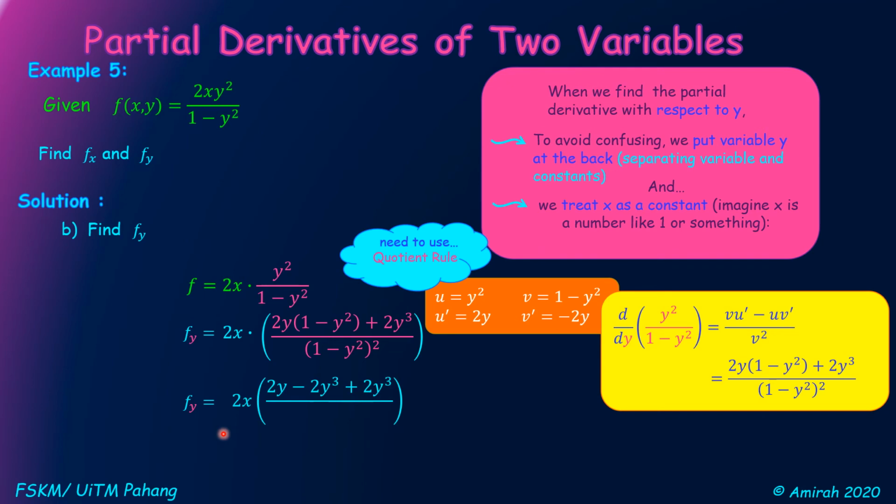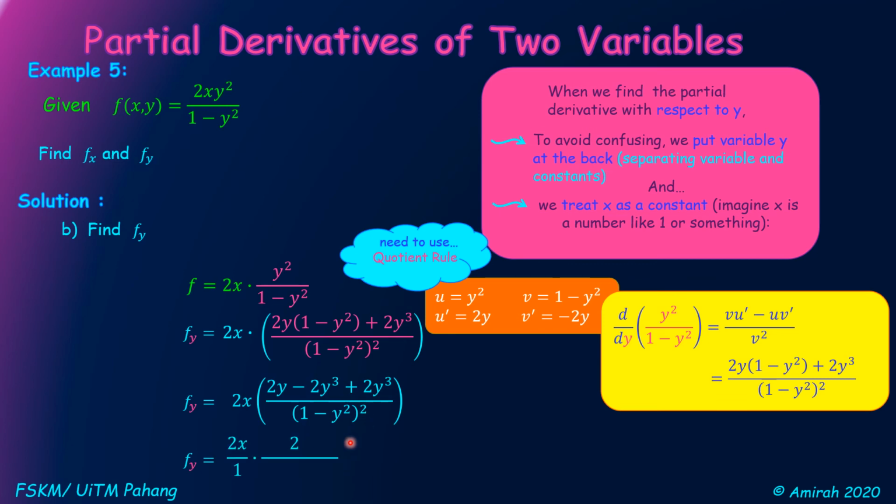Okay, after that we can simplify. We have 2x here, and then we expand. So we get 2y minus 2y cubed plus 2y cubed over 1 minus y squared in brackets squared.